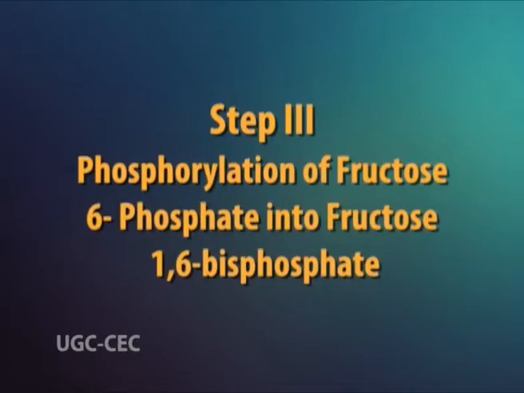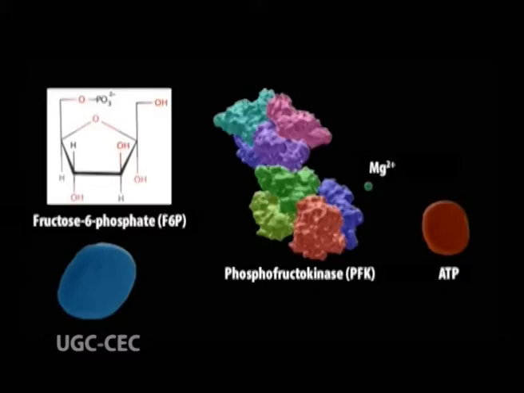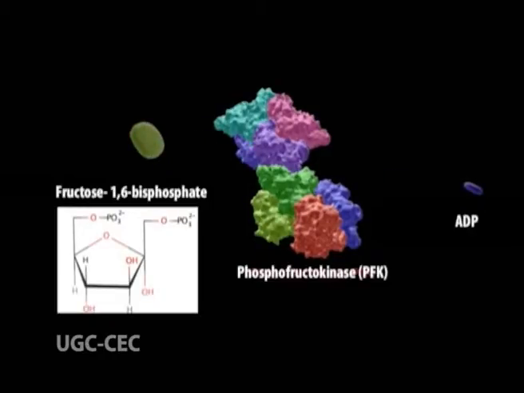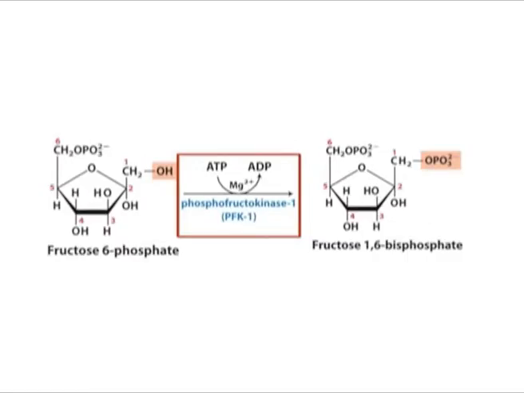Third step is phosphorylation of fructose 6-phosphate into fructose 1,6-bisphosphate. In this step, fructose 6-phosphate is converted to fructose 1,6-bisphosphate, FBP, in the presence of the enzyme phosphofructokinase, PFK.